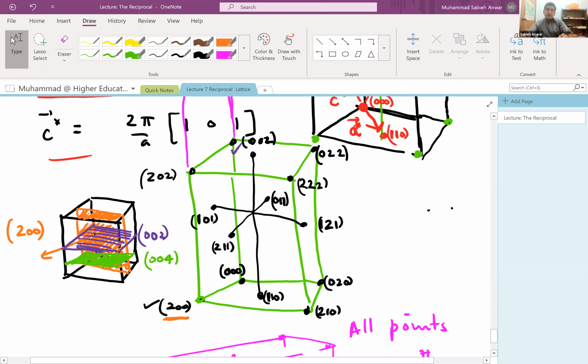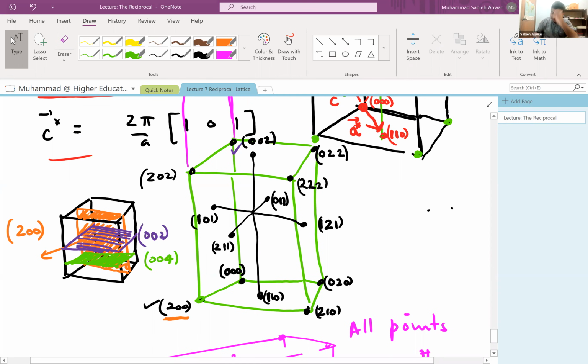So each point in the reciprocal lattice, even though it has the same symmetry properties as the direct lattice, in fact, there are point groups for the reciprocal lattice as well. It's a proper lattice. It will have those 14 Bravais lattices as well. It is a lattice in the mathematical sense, but each point in the reciprocal lattice stands for a different plane.